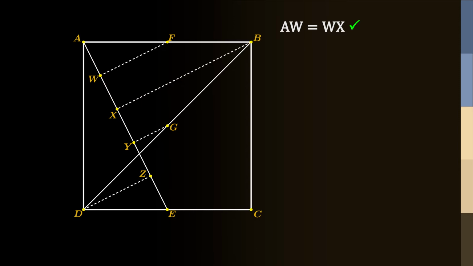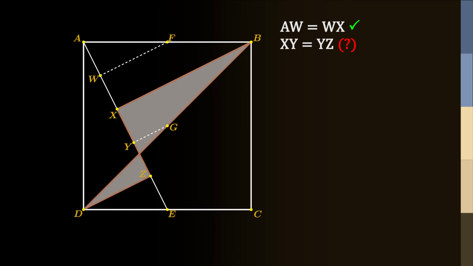The second step is proving that XY is equal to YZ. Let's consider for this the concave trapezoid XBDZ. XBDZ is a trapezoid because BX and DZ are parallel sides as they are both perpendicular on AE.